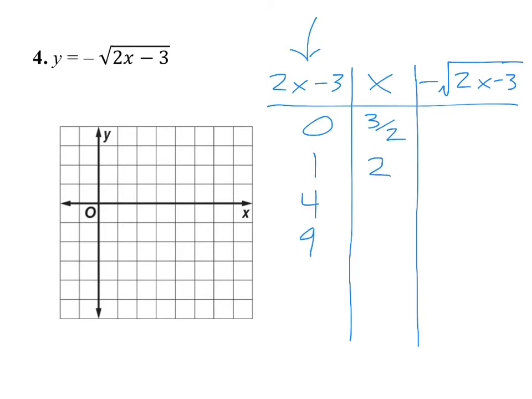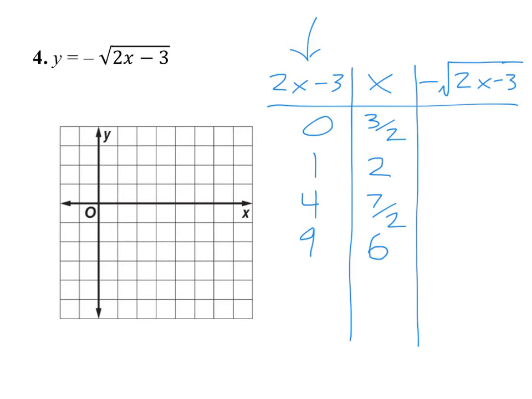So 1 plus 3 is 4. 4 divided by 2 is 2. Take 4 and add 3. That's 7 divided by 2. Take 9, add 3. That's 12, and divide by 2 is 6. So if you check, those values will make our radicand a perfect square.